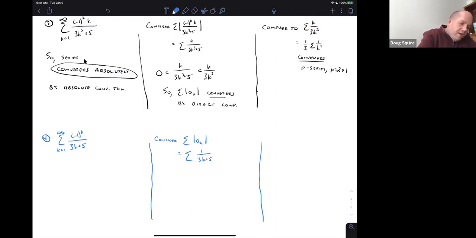Okay, we're going to then compare that to the sum of 1 over 3k, which is 1/3 times the sum of 1 over k. Does that make sense?